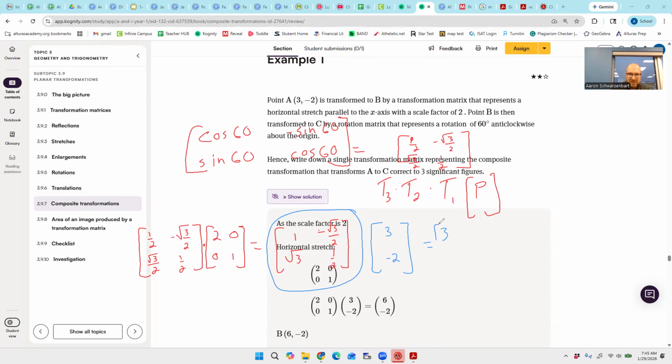Equals 3 plus square root of 3, 3 square root of 3 minus 1. That's my point.